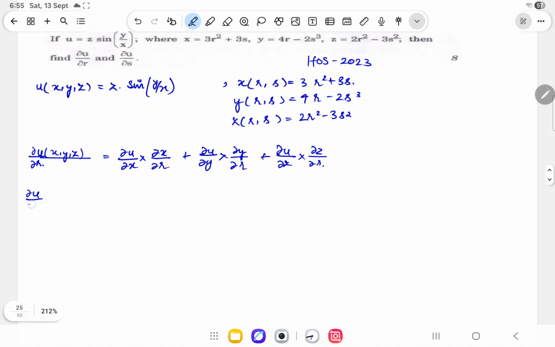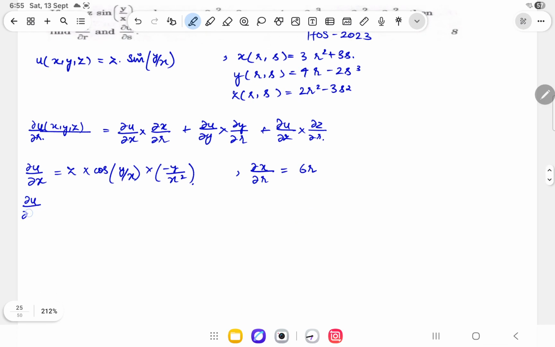Now let's just calculate these values and see what we get. ∂u/∂x is equal to z into cos(y/x) into minus y upon x square, and ∂x/∂r is equal to 6r.